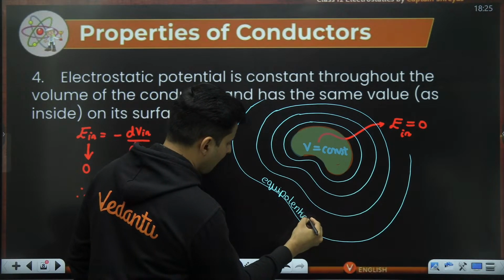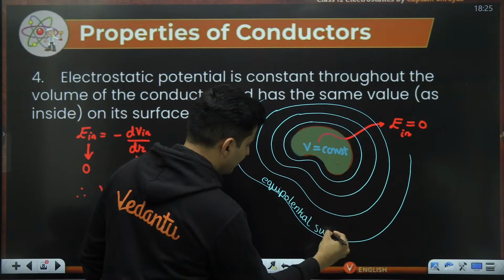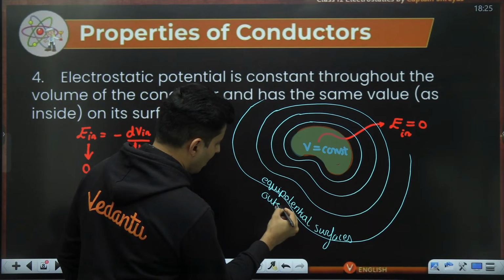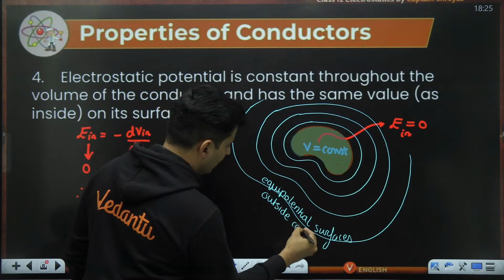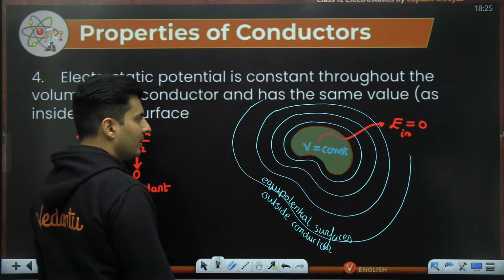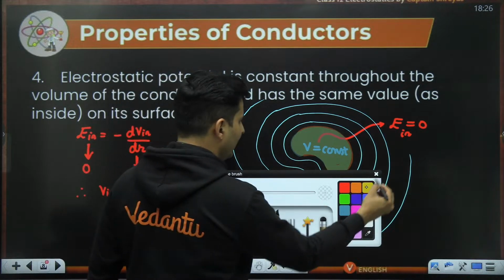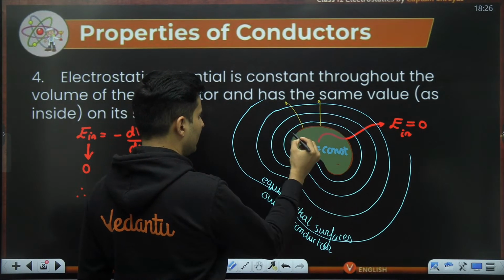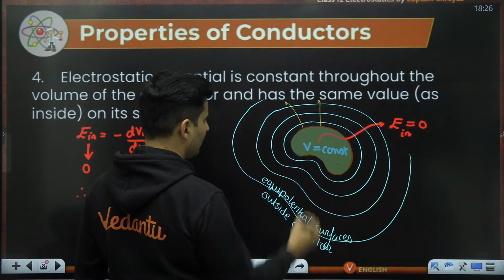Equipotential surfaces outside the conductor. If you ask me about the electric field lines, they will always be perpendicular to the surface everywhere. Maybe they will go like this, maybe like this.